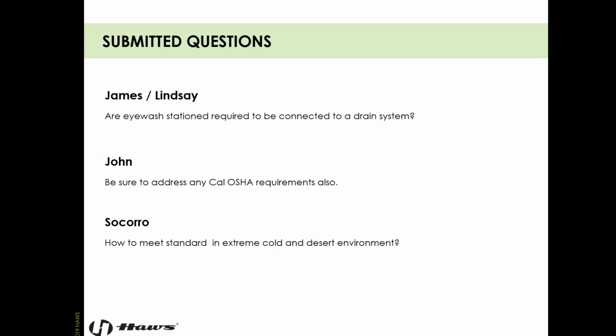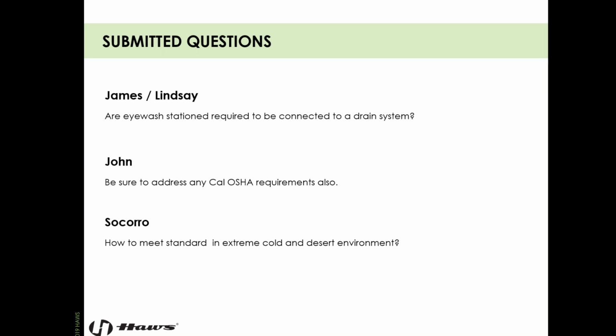John, be sure to address any Cal OSHA requirements. Cal OSHA is one weird example when it comes to ANSI and the Z358.1-2014 standard, because in usual fashion, California is coming up with new codes and regulations, and oftentimes we are adapting those to the rest of the country, and they're going above and beyond. In this instance, they are a little bit behind on the ANSI requirements.